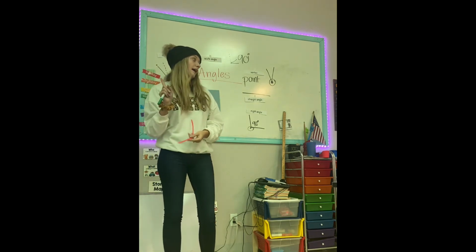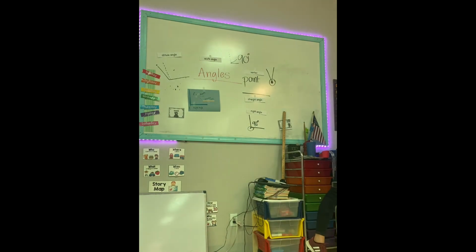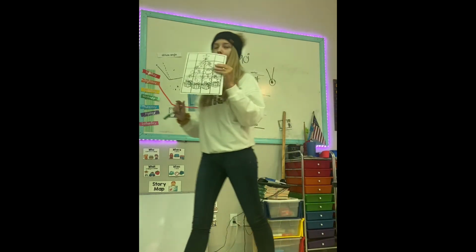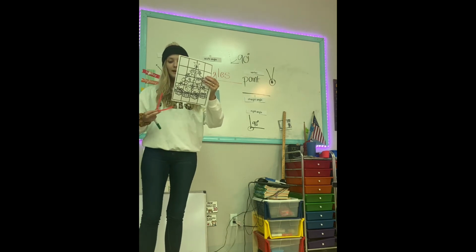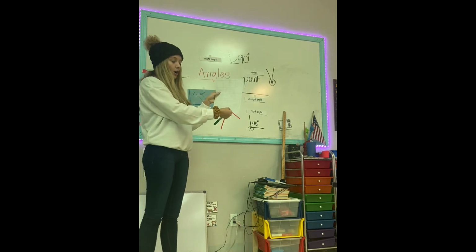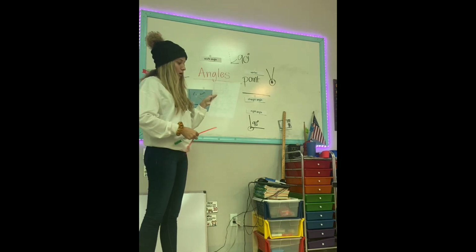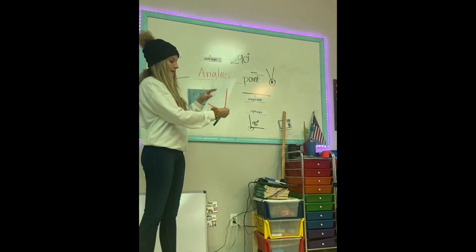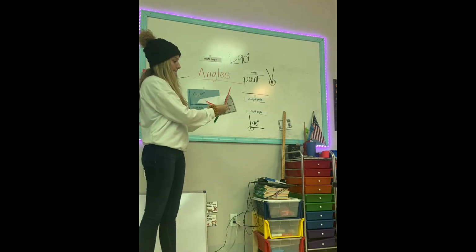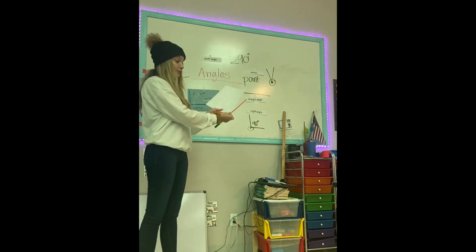A trick that one of my old teachers taught me is, if you take a piece of paper, we'll use our Christmas puzzle that we did earlier. You take a piece of paper, and that piece of paper is always going to be 90 degrees. That corner is always going to be 90. If you hold whatever angle up to what you're measuring, and it goes past that, that's how you know that's an obtuse angle.